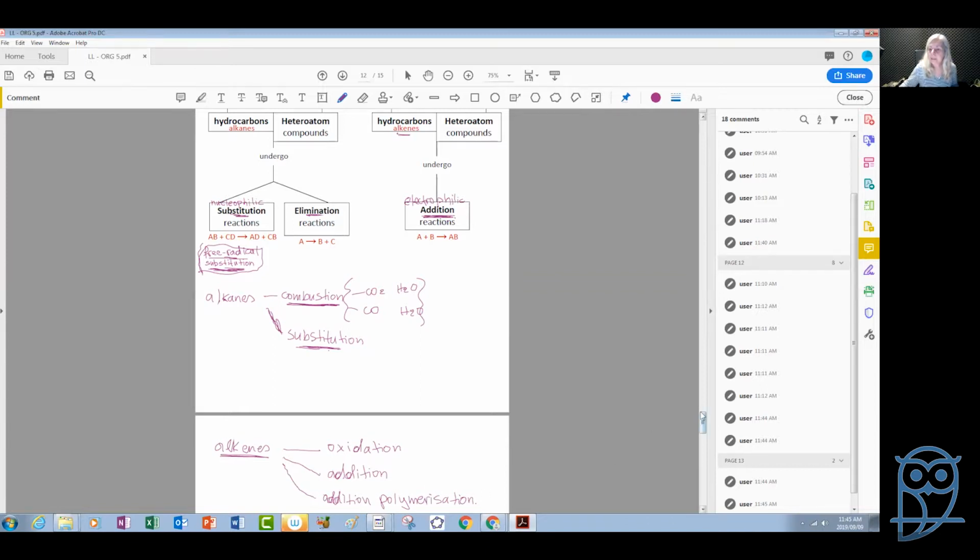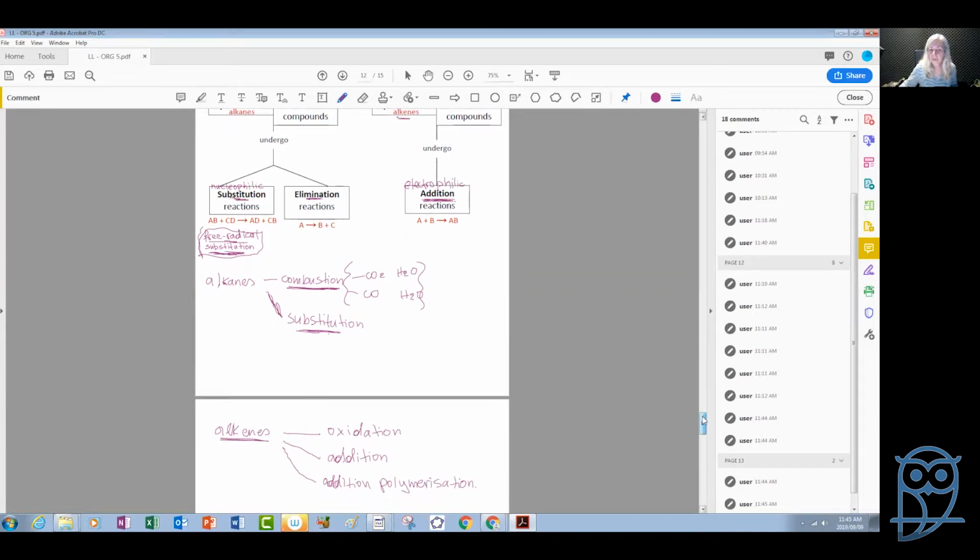In other words, they are the root of the polymers, very, very important compounds in organic chemistry. The polymers happen through the polymerization of the alkenes, addition polymerization, because there is another type of polymerization, but you need to know this addition polymerization.